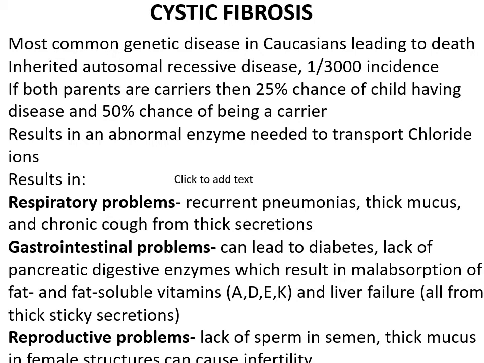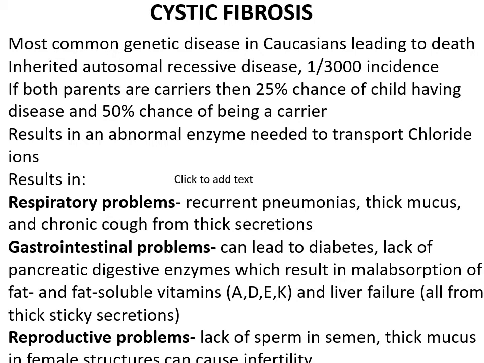In your gastrointestinal system, it can lead to pancreatic digestive enzyme deficiency, because all those ducts that are trying to secrete digestive enzymes out of the pancreas are filled with mucus, and they're blocking the secretion of the enzymes.